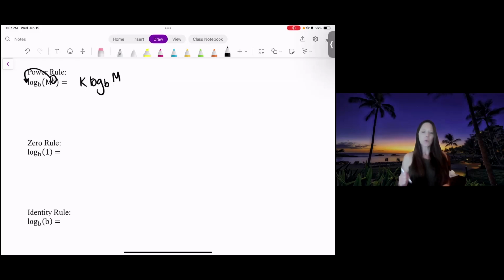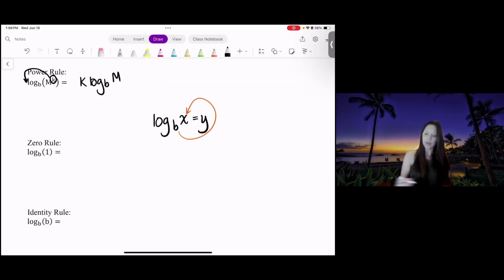Looking at the zero rule, why is it called the zero rule? Let's first explore the relationship between how you can rewrite logarithms as exponents. Let's define the function log base b of x equals y and rewrite it as an exponential function. What I can do here, I like to take an arrow, start at the base, circle around, and hit the x.